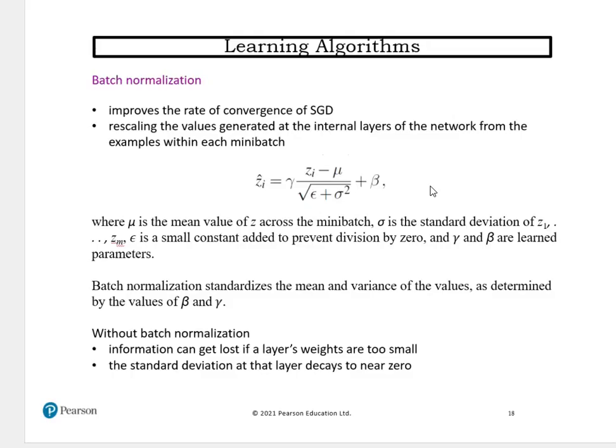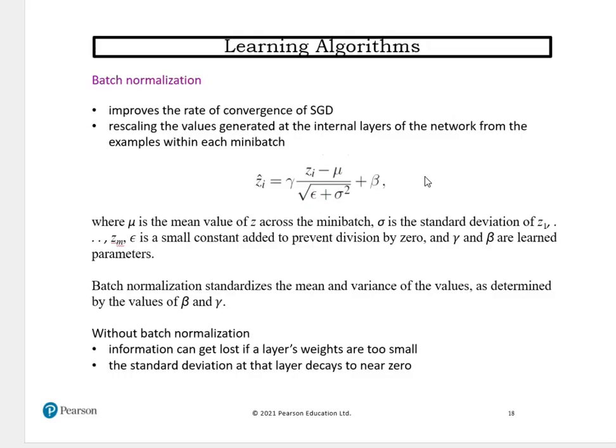What this formula does essentially is normalize the Zi's using the mean and standard deviation, and then rescale them as determined by the values of beta and gamma.